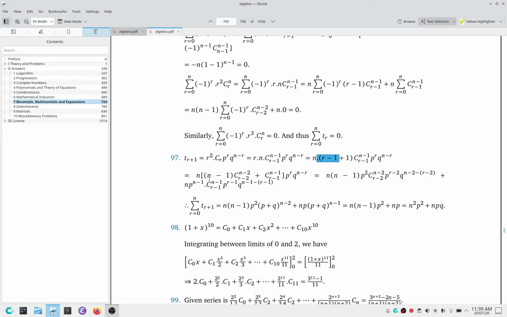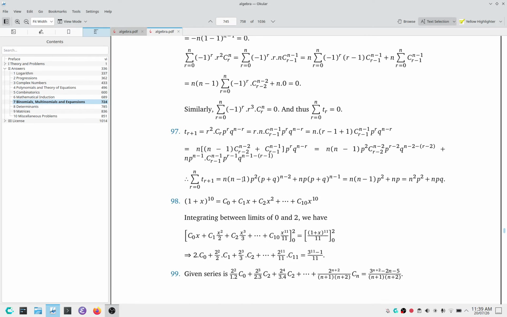So we take this as n into n minus 1 n minus 2 C r minus 2 plus n minus 1 C r minus 1, which becomes n times n minus 1 p square n minus 2 C r minus 2 p to the power r minus 2 q to the power n minus 2 minus (r minus 2), plus np n minus 1 C r minus 1 p to the power r minus 1 q to the power n minus 1 minus (r minus 1).